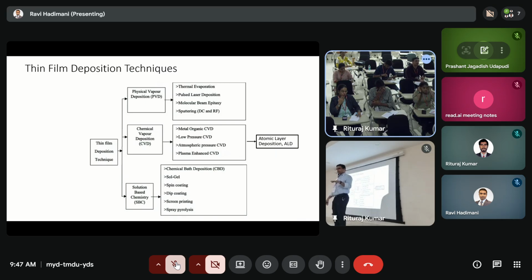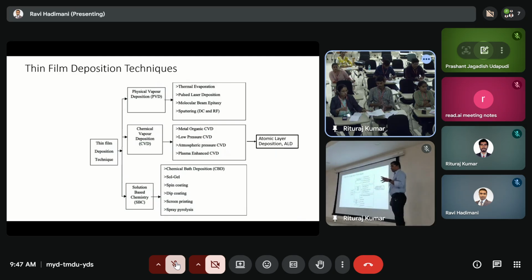Anything above 1 micron is a thick film. And of course, if you make it 500 microns, you're almost into bulk materials. So thin film is about less than 100 or less than 500, that's what we call thin film.